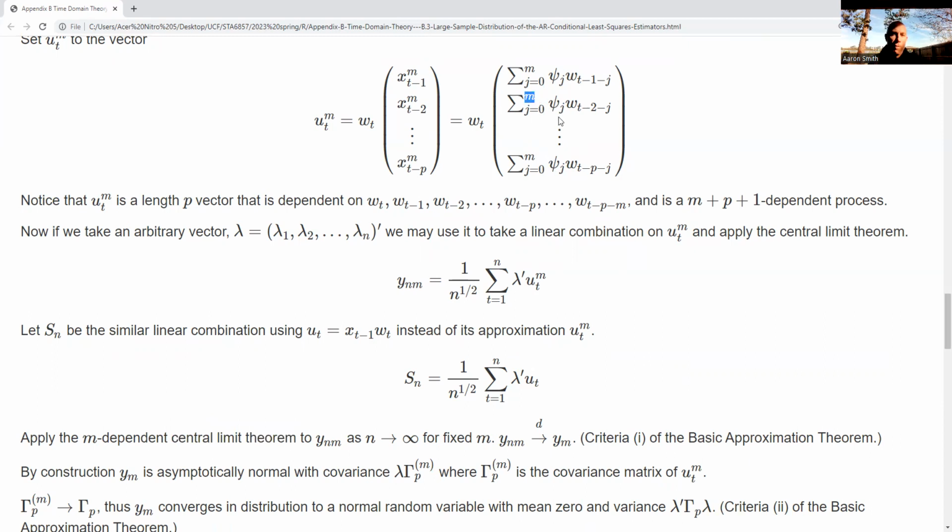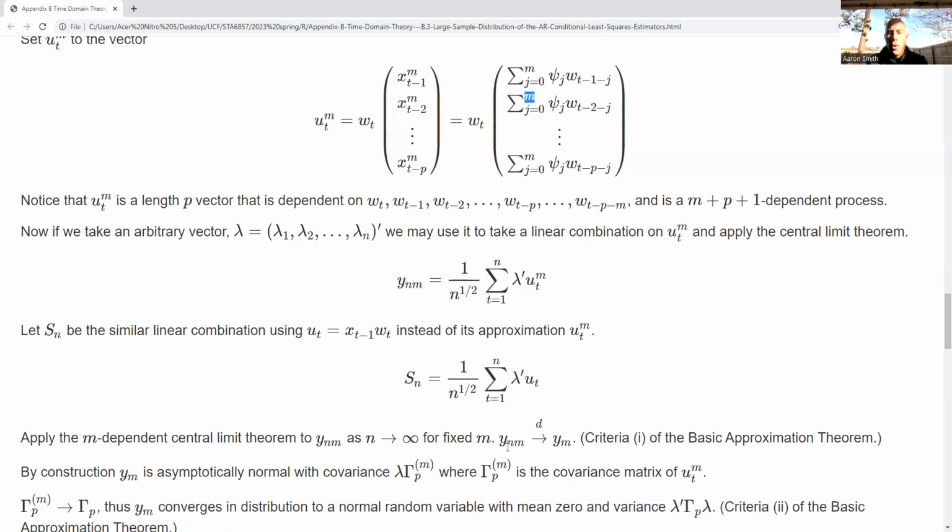That is a fixed constant value. All right, so my approximation for any given x uses m, a fixed number of independent identically distributed white noise terms. And then we're going to say, hey, what happens as we let the sample size go to infinity, as I have infinitely many observations?